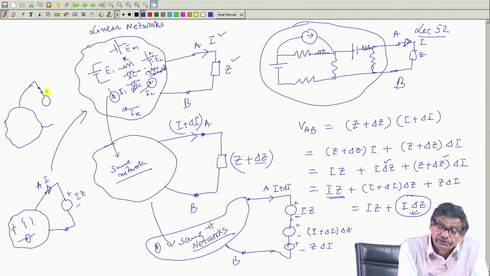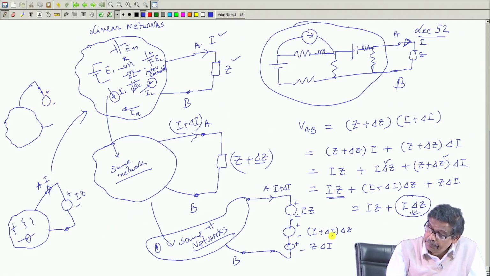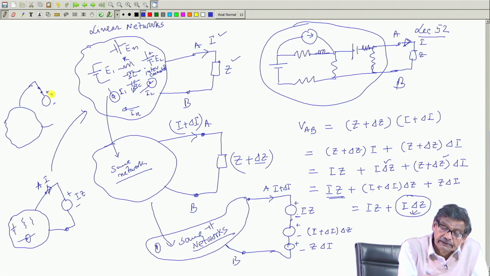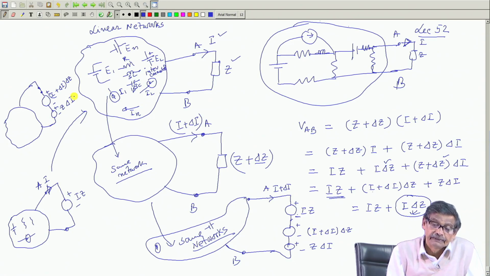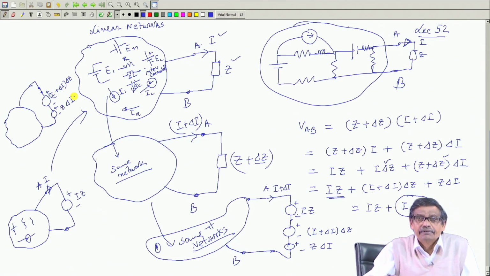One is this source, that is (I plus delta I) into delta Z, and then Z delta I. These two sources are present, suppose I say. Are you with me? Absolutely.